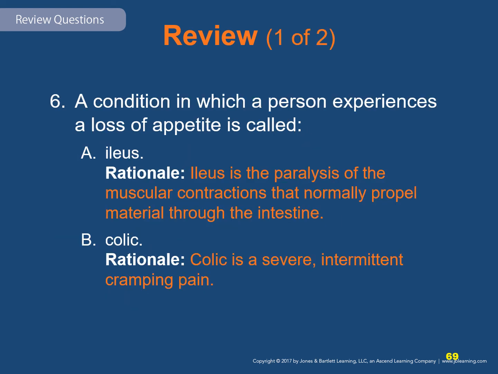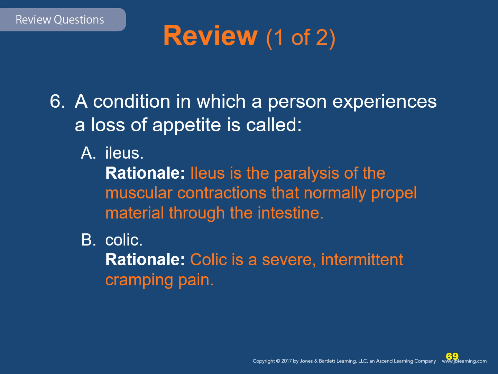A condition in which a person experiences a loss of appetite is called A, ileus. That's incorrect because ileus is the paralysis of the muscular contractions that normally propel material through the intestine. B, colic.